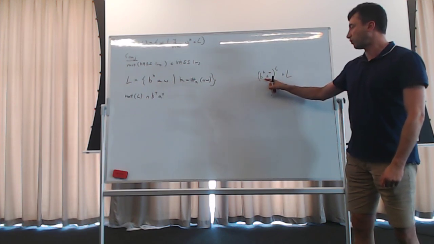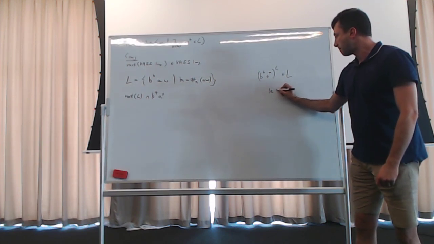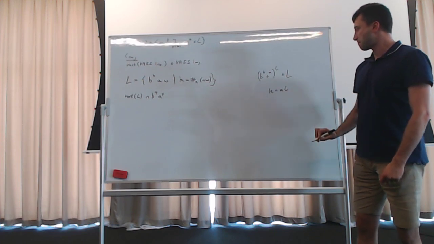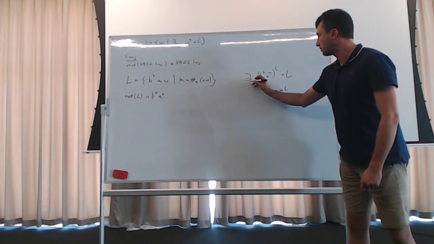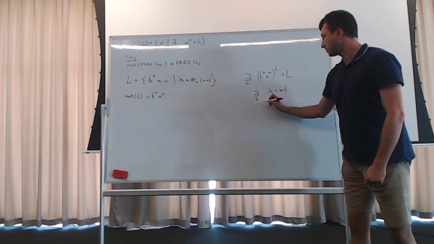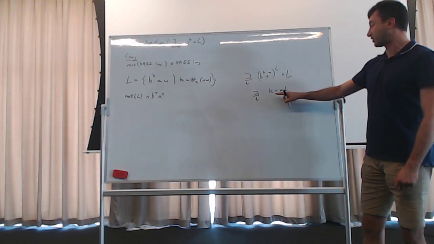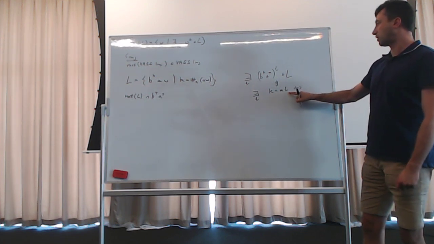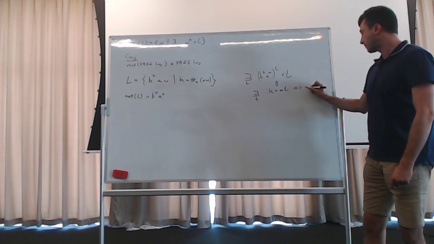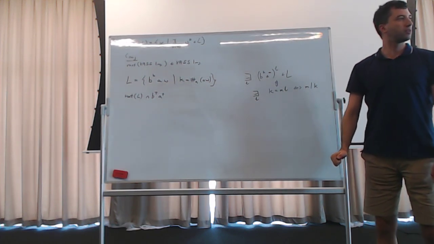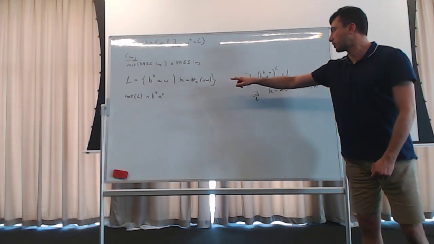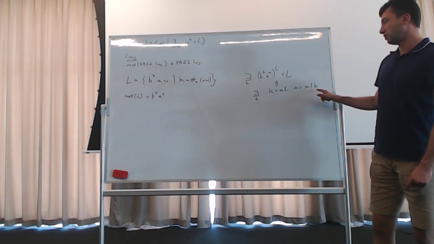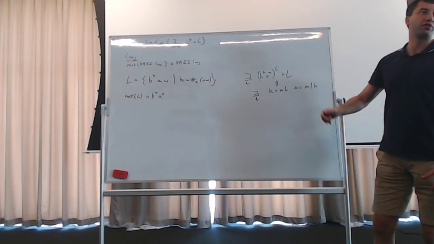It means the number of B's in the first block, K, equals the number of A's in the whole word, so M times L. And there exists such an L if and only if M is a divisor of K. So the root of language L intersected with words of the form B star A star is exactly the words in which the number of A's divides the number of B's.